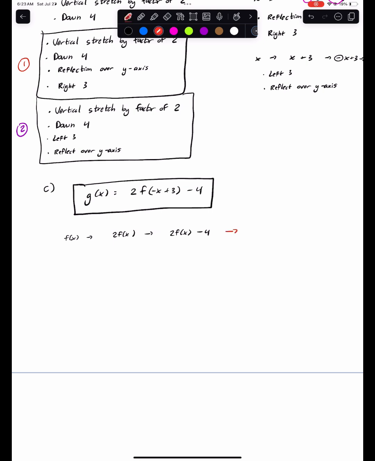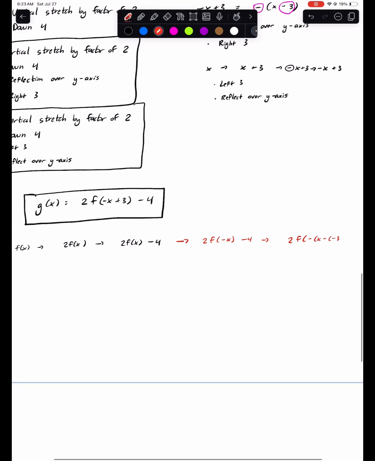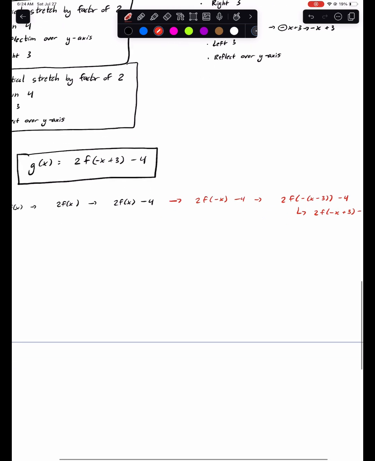If you do the way 1 goes, you would get 2 f of negative x minus 4, which is followed by 2 f of negative (x minus 3) minus 4, which gives the same equation of negative x plus 3, minus 4.